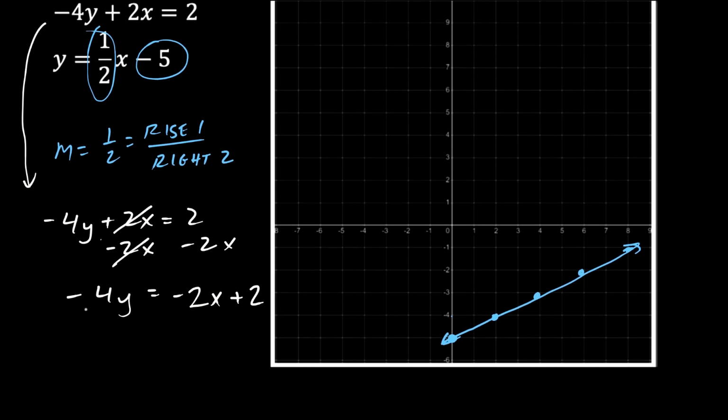Now, we'll get rid of multiplying by -4 because that's the action being done to the y. So we're going to divide each piece by -4. And in doing that, we are left with y equals -2 over 4. Two negatives make a positive, and 2/4 simplifies to 1/2 x. And then 2 over 4 is 1/2 and different signs, so it's going to be minus 1/2.